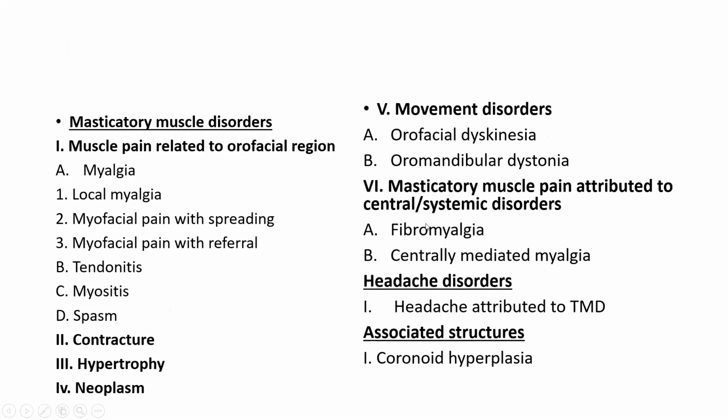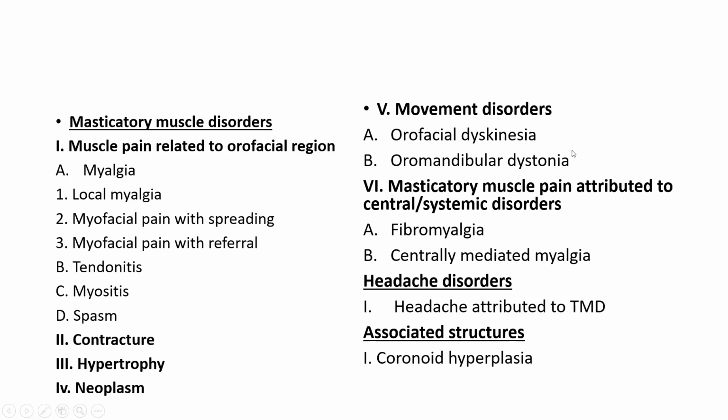Similarly, the masticatory muscle disorders generally include muscle pain related to the orofacial region. This includes myalgia, and it can be a local myalgia. It can be myofascial pain with spreading, with referral. It can be tendonitis, myositis, spasm, and the muscle disorder also can be contracture, hypertrophy, and neoplasm.